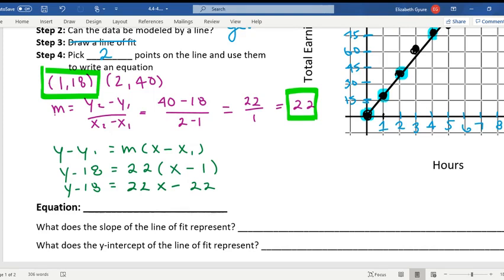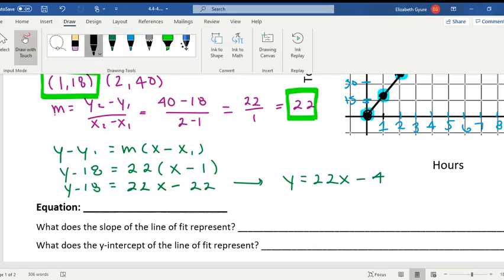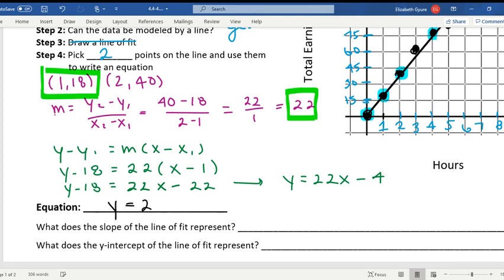Good. I'm going to do that over here because I'm kind of out of room. So y equals 22x. And negative 22 plus 18 is negative 4. So that is my answer to this part. y equals 22x minus 4.